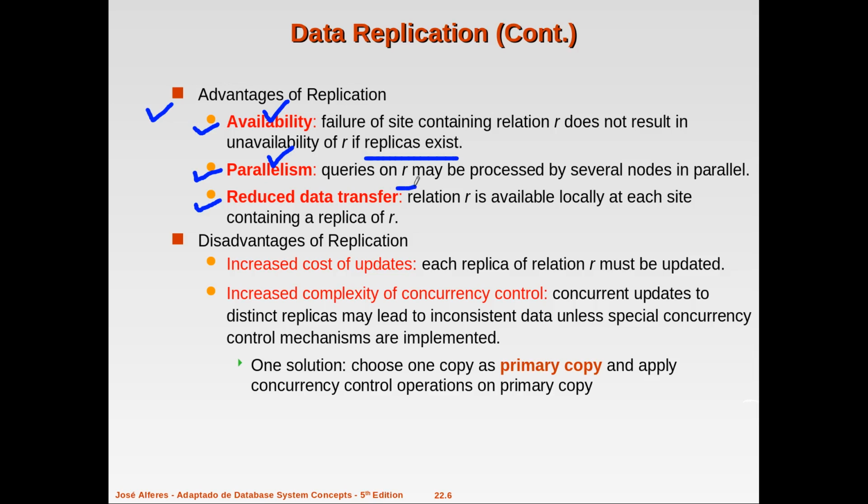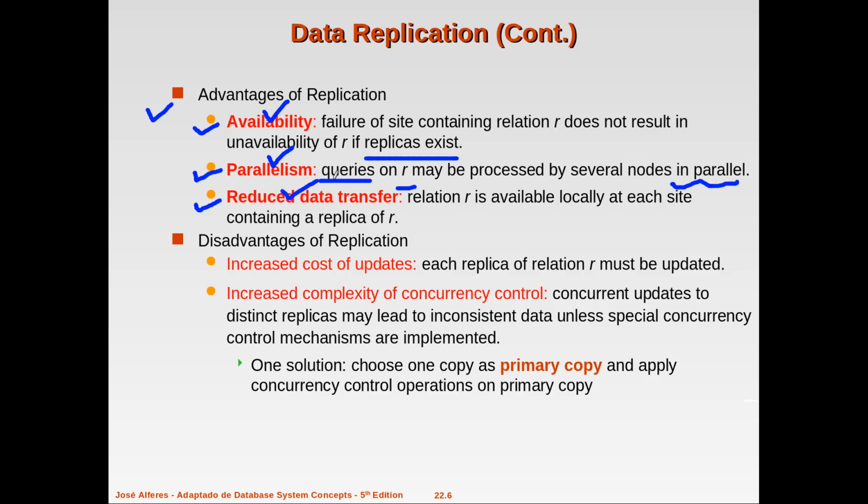Then parallelism means the execution can be done in parallel on a relation R. In the previous sessions we were discussing parallel databases. Now if the same relation is already replicated on different sites, different queries can be applied in parallel on the same relation, because these relations are present in different sites and they can be executed in parallel.